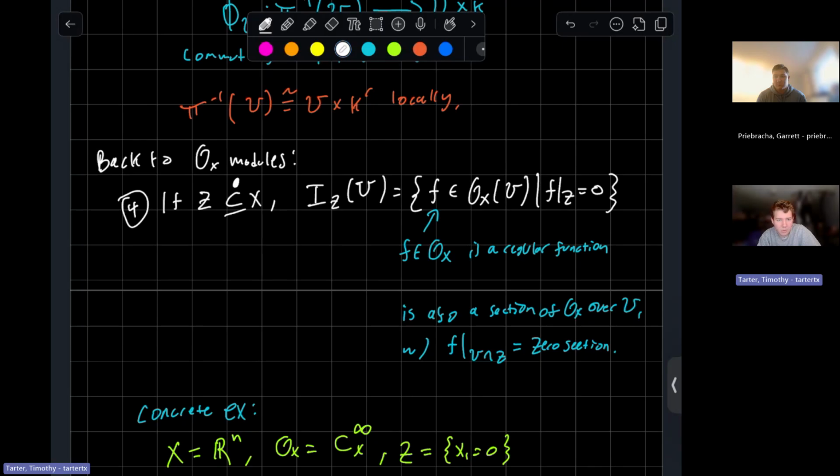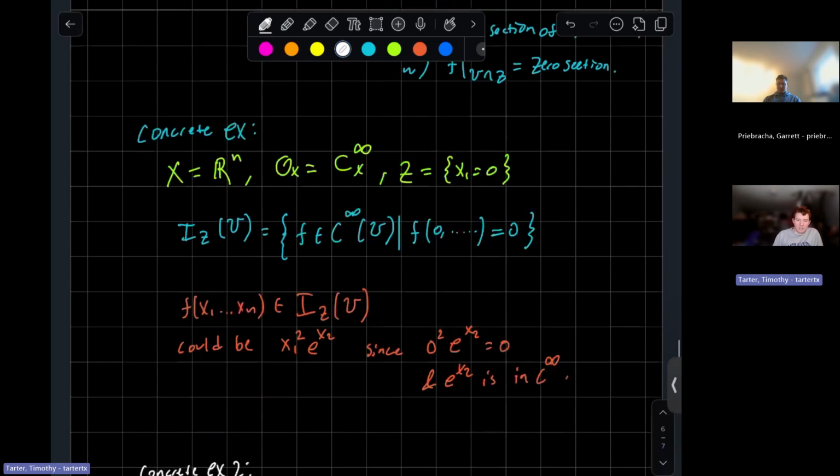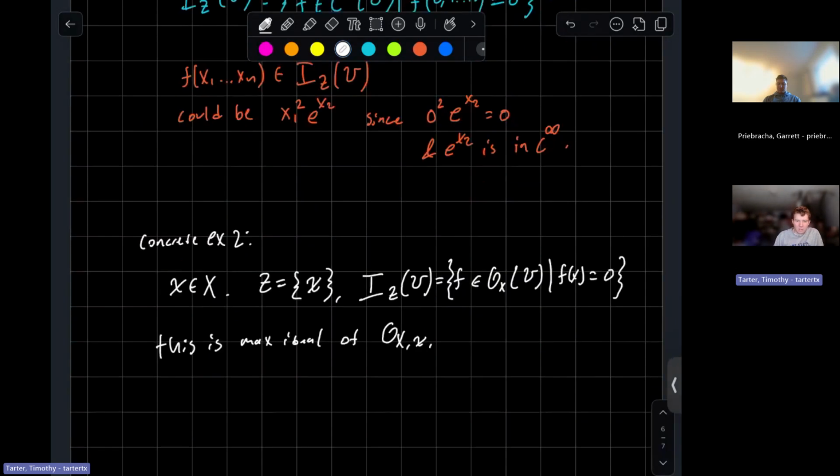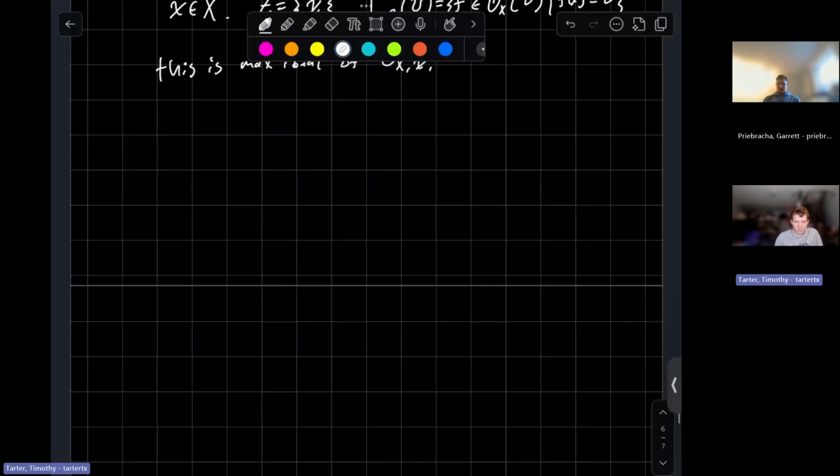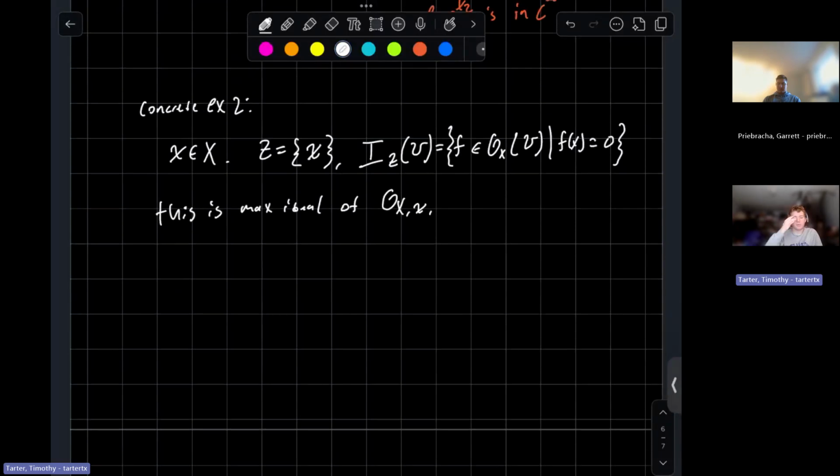An OX module is a sheaf of abelian groups. So it's a ring of sheaves.